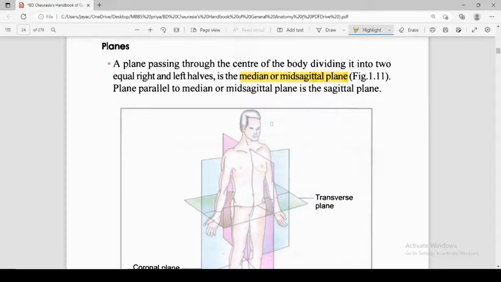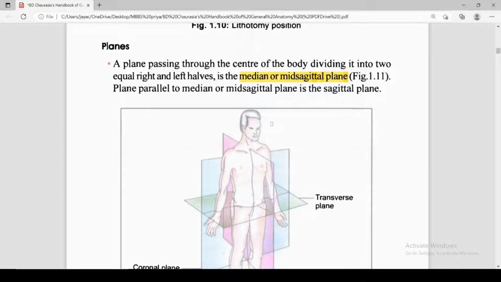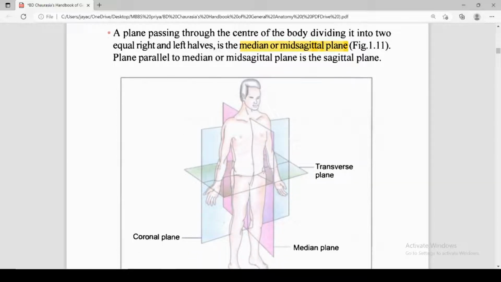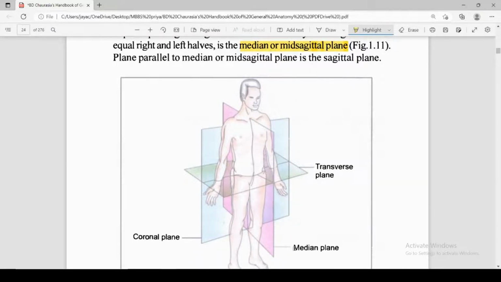Okay, so median or mid-sagittal plane is when a plane is passing through the center of the body, dividing it into two equal right and left halves. So this is the median plane.